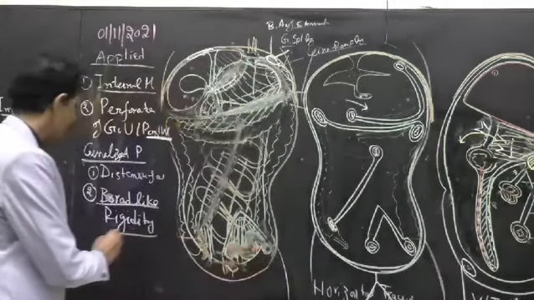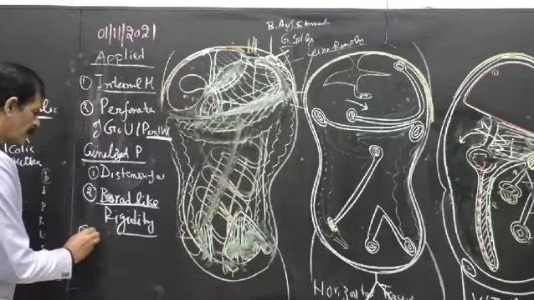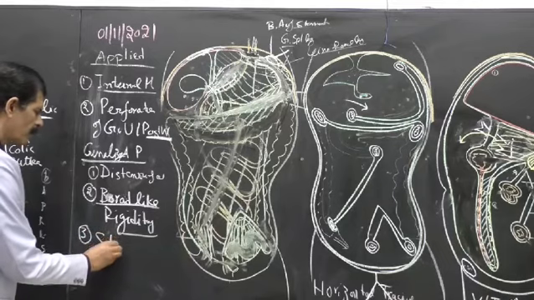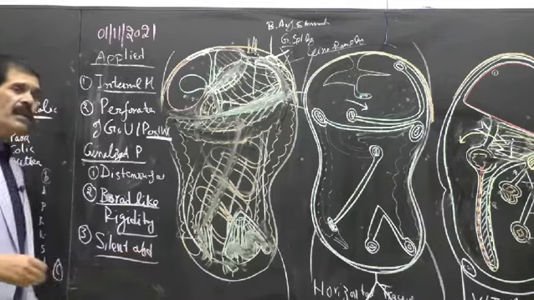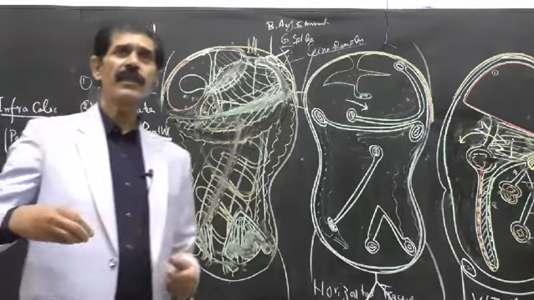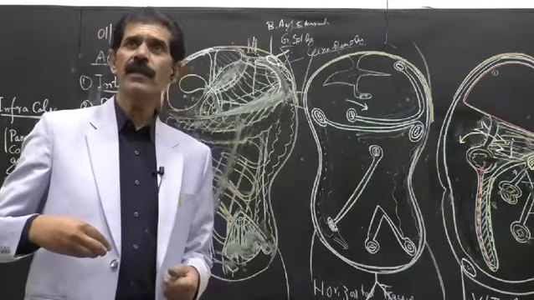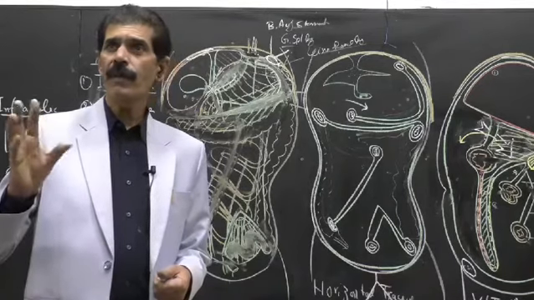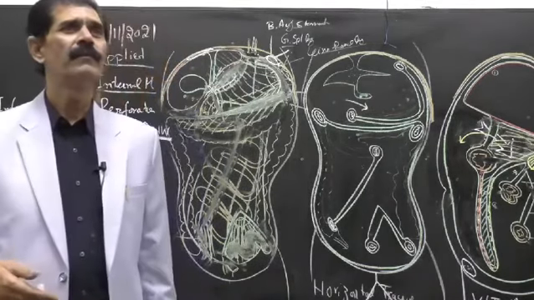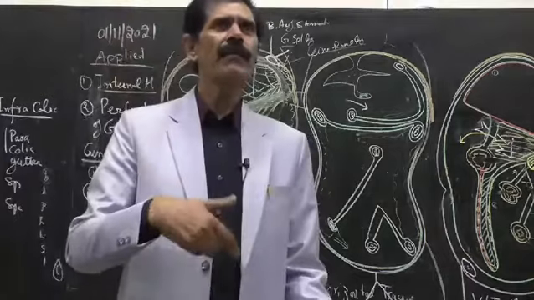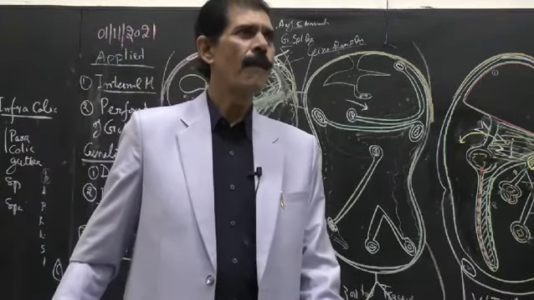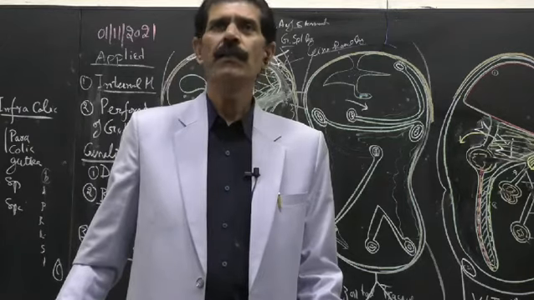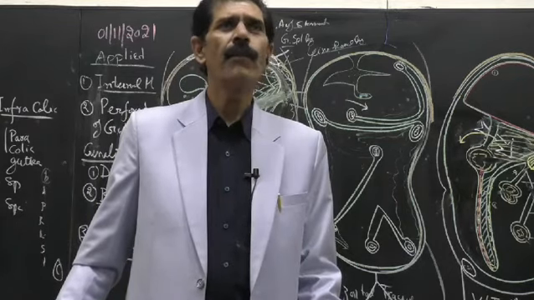The third finding a doctor will look for is the silent abdomen. Usually in the abdomen, if you put the stethoscope, after 3 or 4 minutes there will be the sound of peristalsis. You might have heard it sometimes when we are lying down quietly in a room. These are the normal peristaltic sounds, called borborygmi.